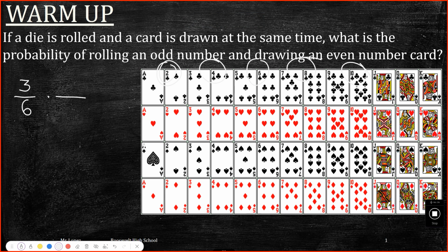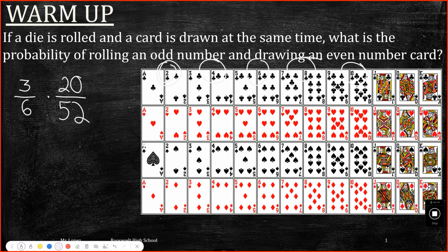Are the Jack, Queen and King numbers? They're not numbers, they're letters, no? So 5 times what? How many total is it? 1, 2, 3, 4, 5, and then 20. 20 out of what? 52.